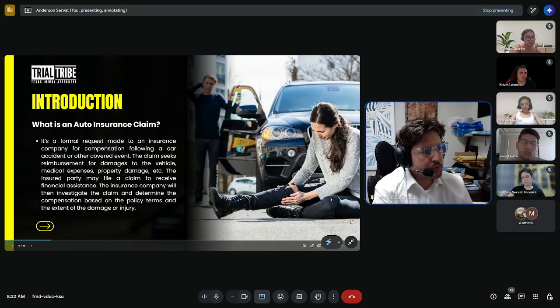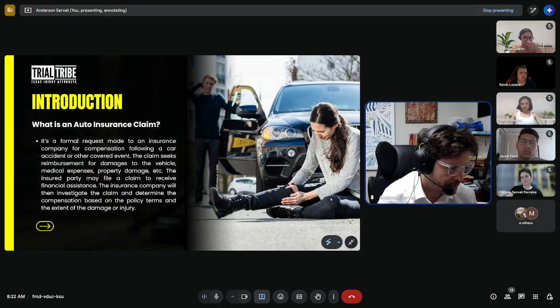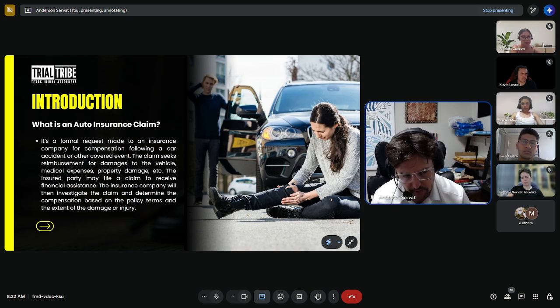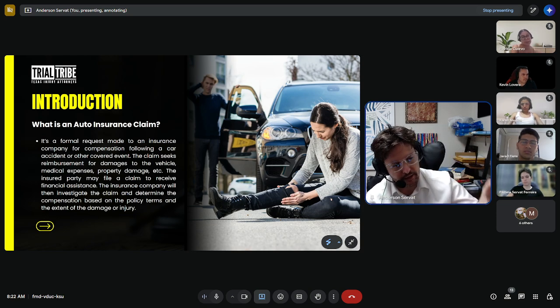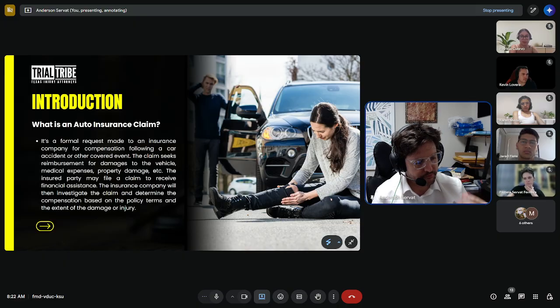So what is an auto insurance claim? Basically, it's when you invoke your insurance carrier to fix your car, or to pay the damages to your vehicle, or to pay the damages for a third party. When there's a generating fact, normally the collision, the claim is what you do in order to fix the situation pre-lit, meaning before filing a lawsuit.